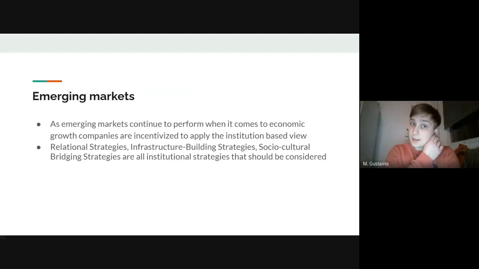As for emerging markets, as we talked about, they are continuing to improve economically, having great economic growth year in and year out. And companies need to learn how to apply the institution-based view. The examples we gave, the relational strategy, infrastructure building strategies, and social cultural bridging strategies, are some of the most important, especially in emerging markets.